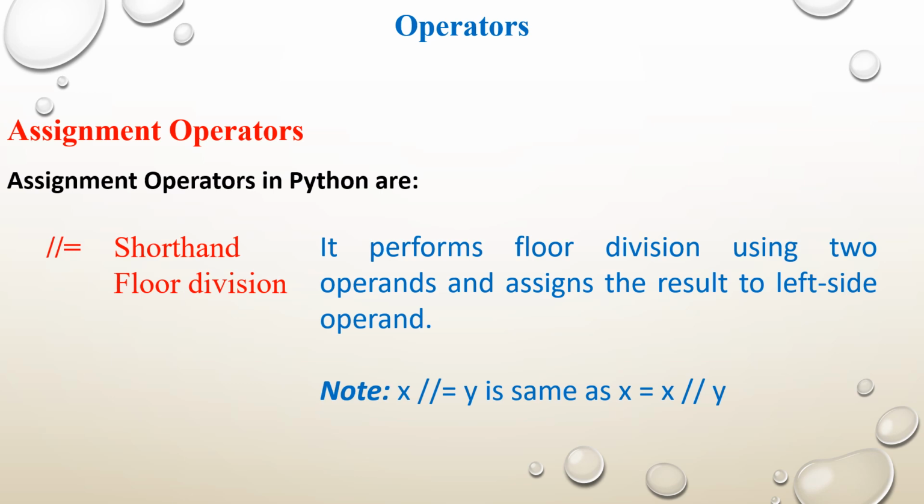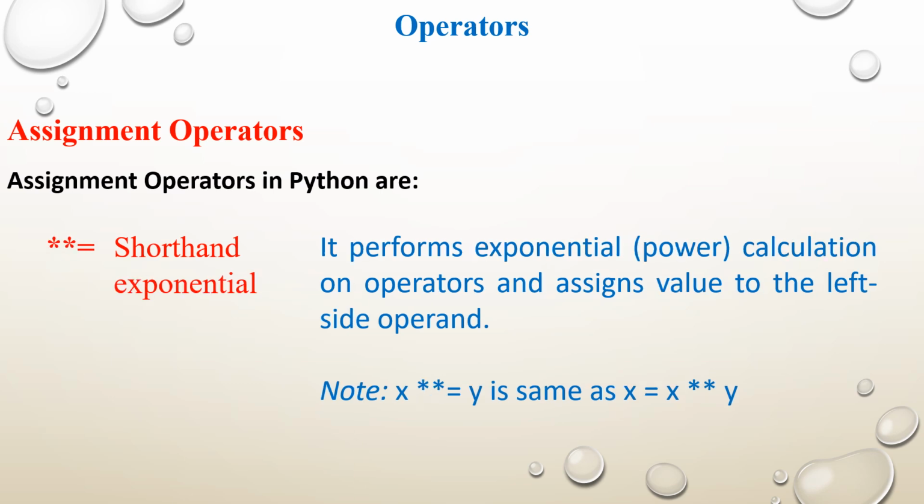The last assignment operator is shorthand exponential, the double asterisk equal to symbol. It performs exponential calculation on operands and assigns the value to the left side operand. It performs power calculation on operands.